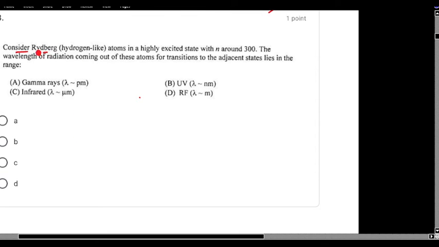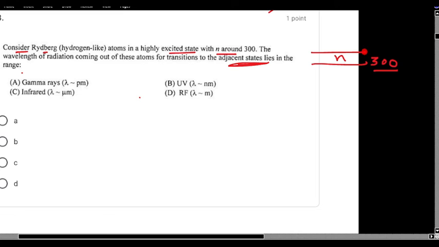Consider a Rydberg hydrogen-like atom in a highly excited state, with the state number n equal to 300, which is very high. The wavelength of the radiation coming out of this atom from the transition to the adjacent states lies in which range?